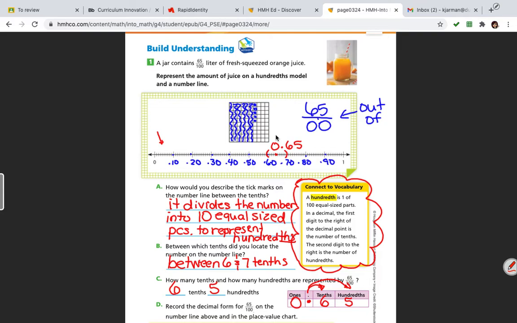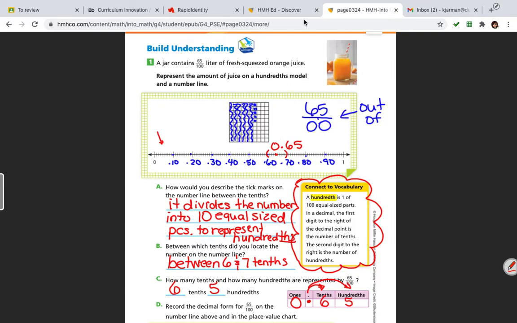Another way to look at it is if we had 65 cents, we would have 6 dimes and 5 pennies, because 6 dimes represents tenths, because 1 dime equals 10 cents. And then a penny is 1 out of 100, because if you had 100 pennies, you would have $1. So think of it as 6 dimes and 5 pennies.